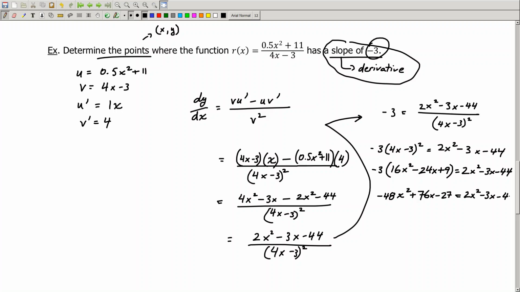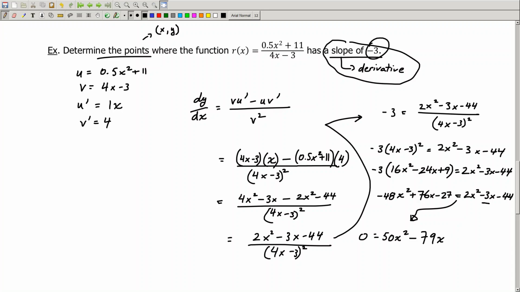And now what I will have to do is bring things over to one side. I'm going to choose to bring things over to the right side because that will produce a positive x squared coefficient. So I get 50x squared equals negative 50x squared minus 79x, because if I bring this over, that positive 76x becomes a minus 76x.